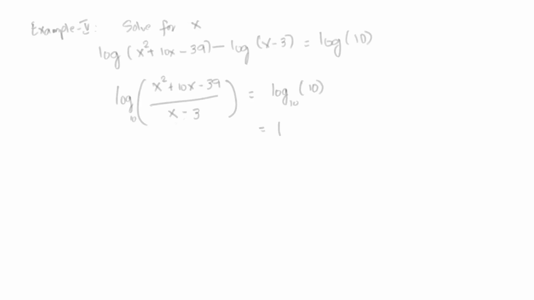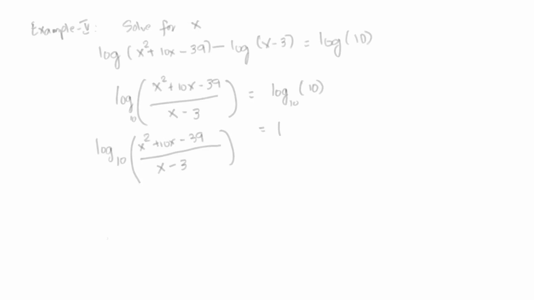And let's see if we can simplify the term that is inside the log, which is (x squared plus 10x minus 39) over (x minus 3), somehow. Could we factor this? I believe we could factor that.